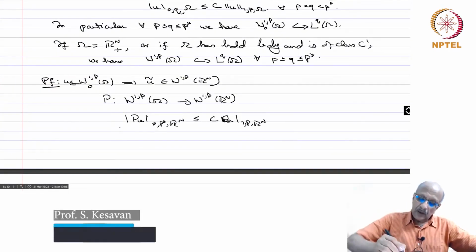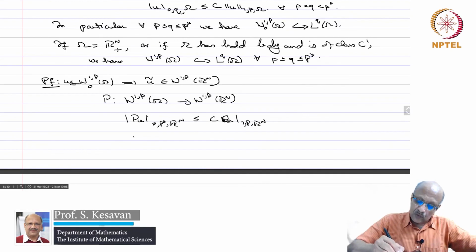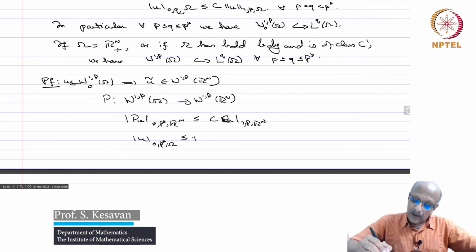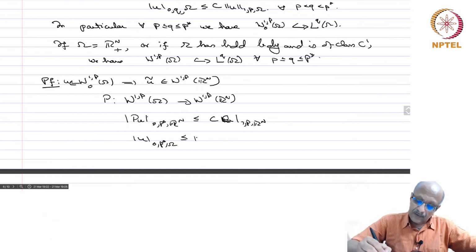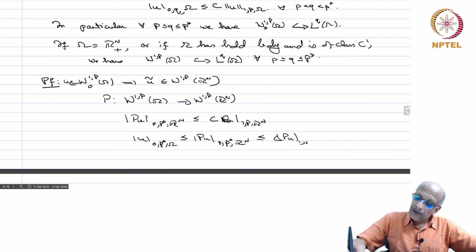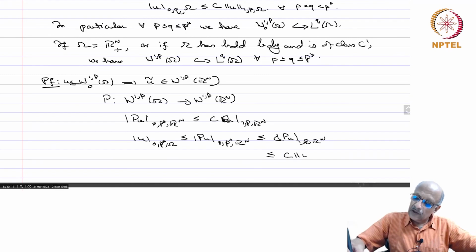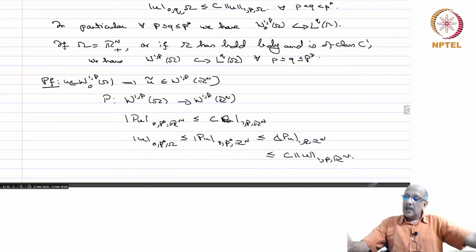But what does it mean? Pu restricted to omega is u. So the norm of u in L^p star(omega) is again less than or equal to the norm of Pu in L^p star(Rn), which is less than or equal to C times the norm of Pu in W^{1,p}(Rn), and P is a prolongation operator, so this is less than or equal to C times the norm of u in W^{1,p}(omega).